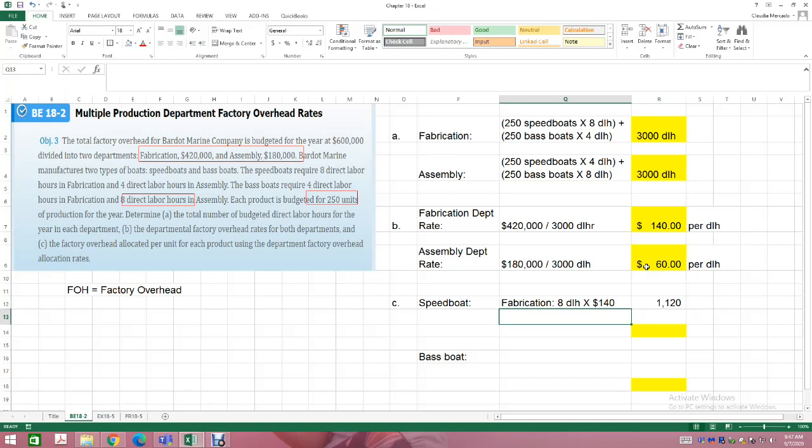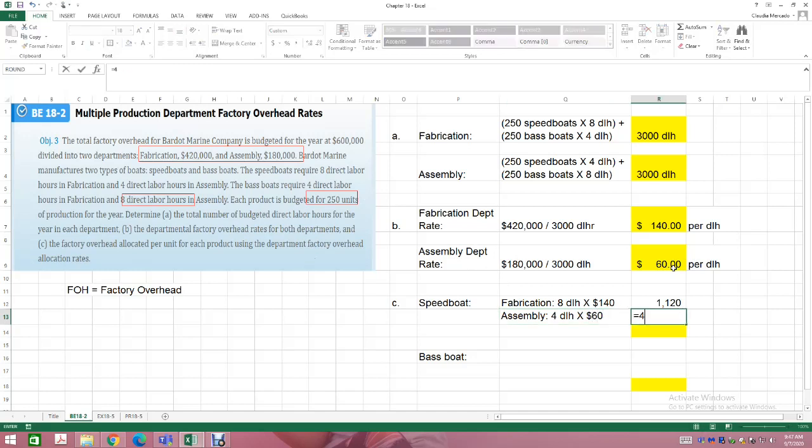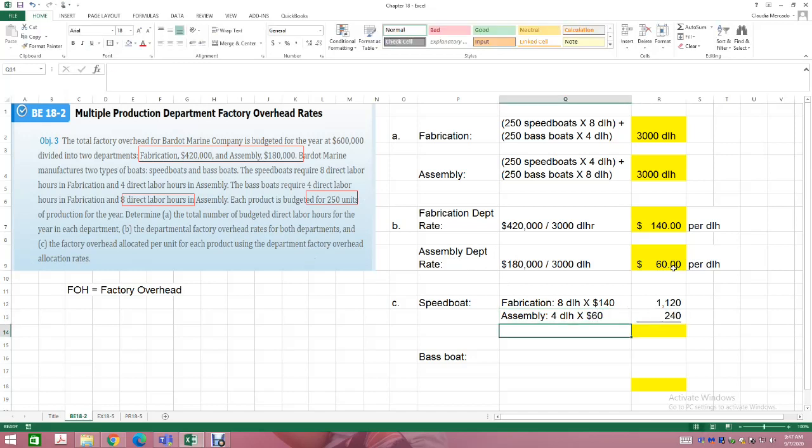Okay, that's for fabrication. Now for assembly. When I'm making a speedboat, I'm going to have 4 hours in the assembly department. So it's going to be 4 direct labor hours times my assembly rate of $60. Okay, so let's see what that gives us. 4 hours times 60 gives me $240.